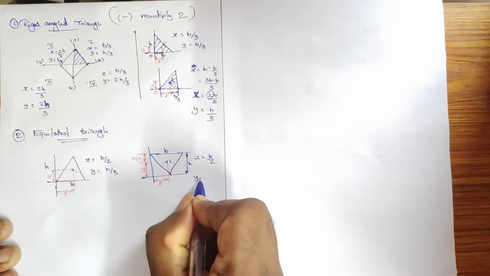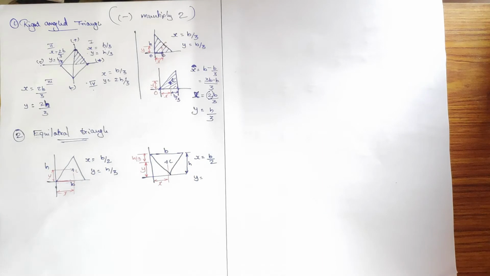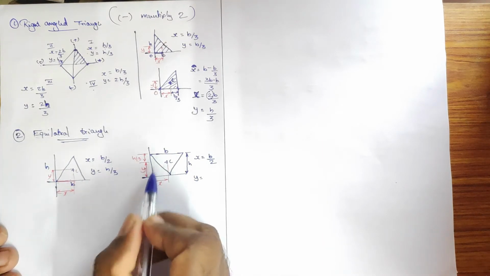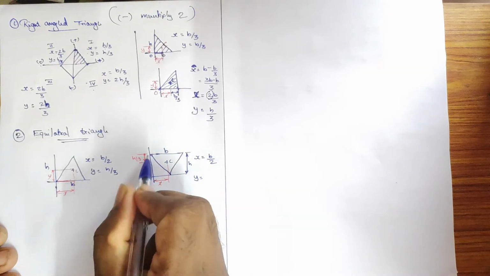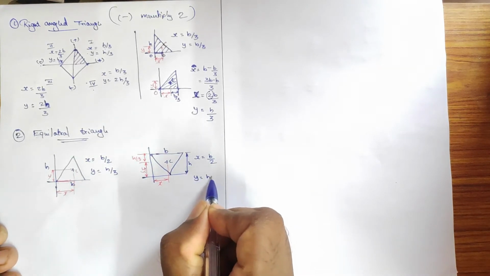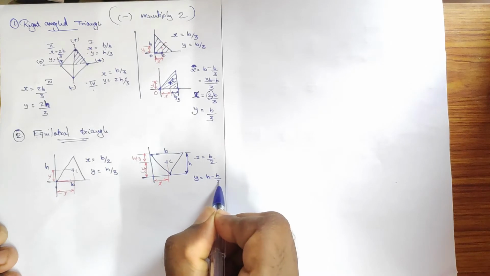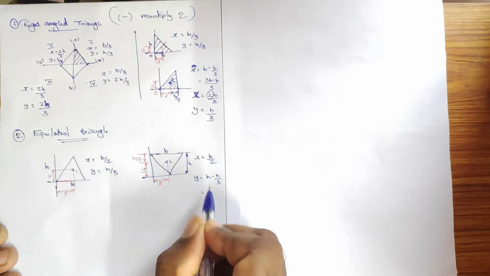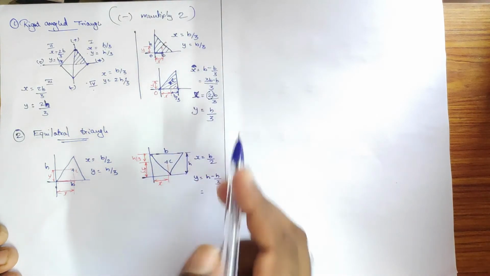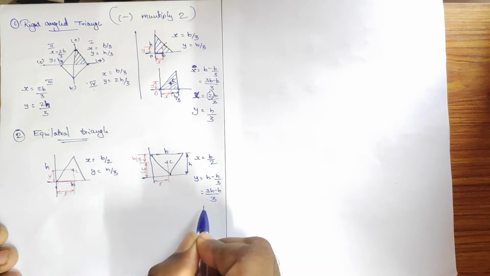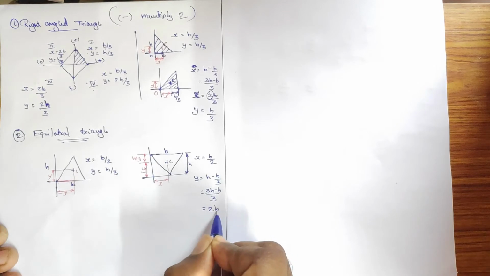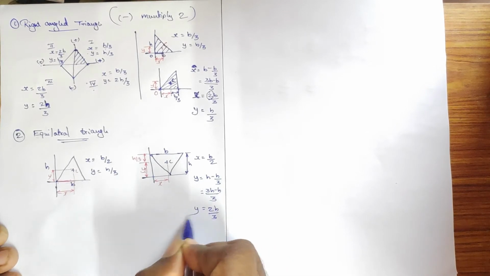So what would be the y? I can give the formula: to specify this y, take the entire length minus this, then you can get the y. The entire length is h, so h minus h divided by 3. So what would be the value? 3h minus h, here you will get 2h divided by 3.